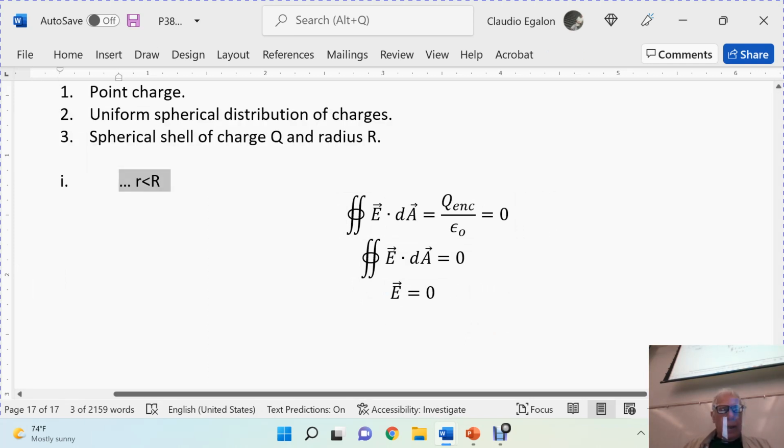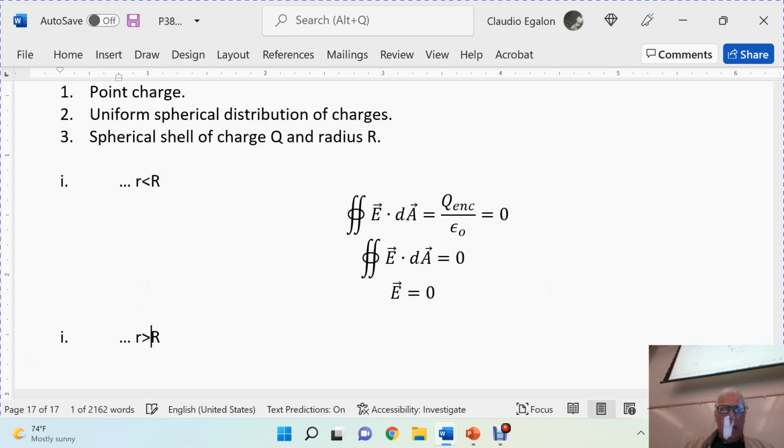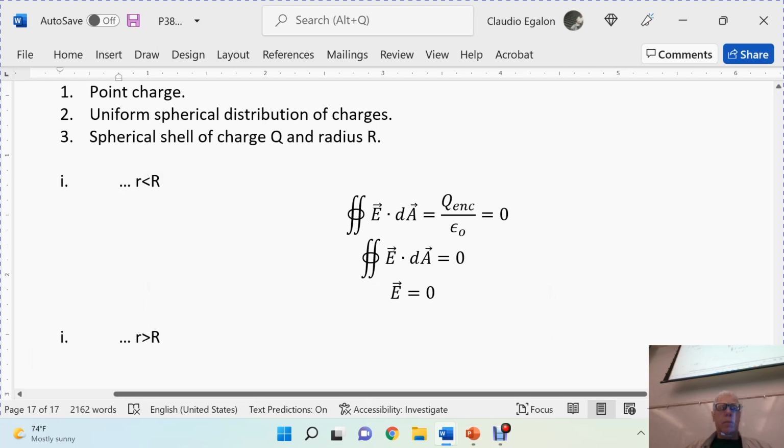Then we can go outside the spherical shell. That's r greater than big R. Okay, r greater than big R is similar to the case of a point charge.